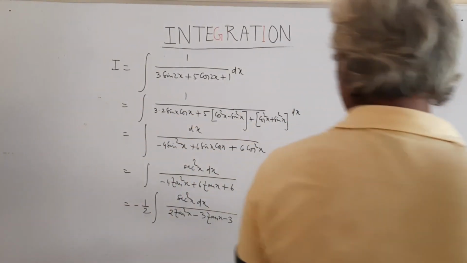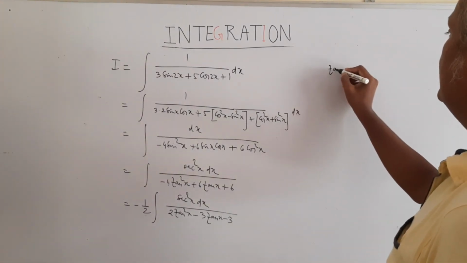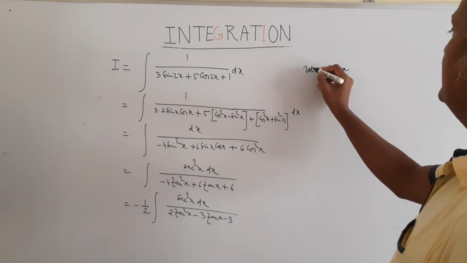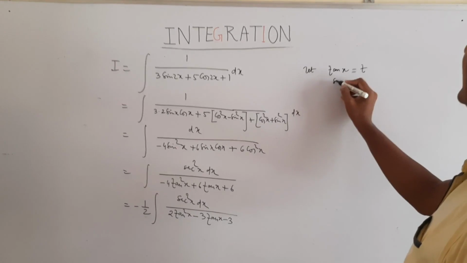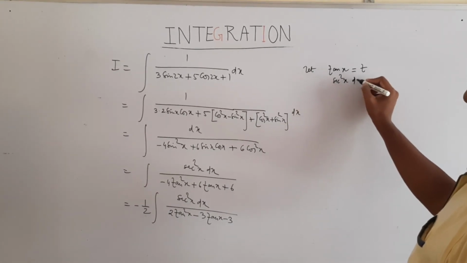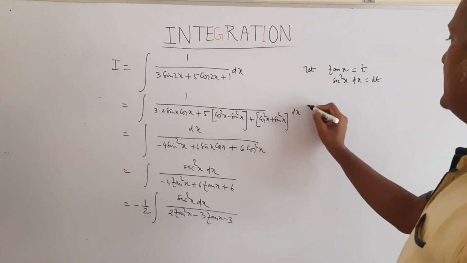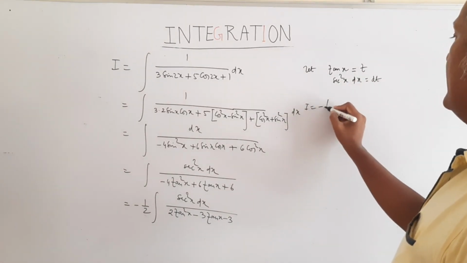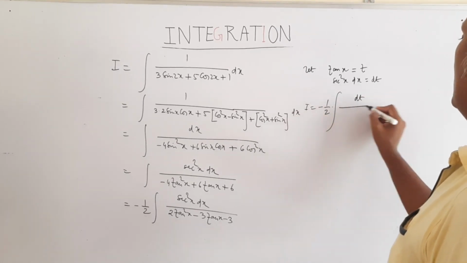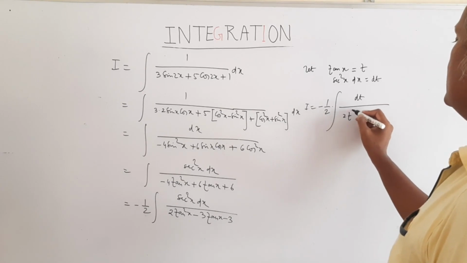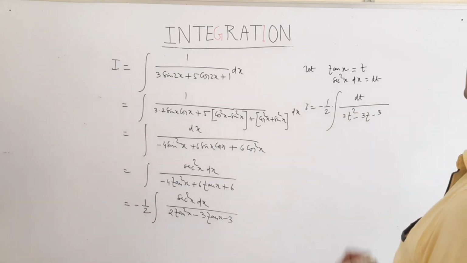So here I write let tan x be t. Then I get sec square x dx as dt. So this integral becomes minus 1 by 2 integration of dt over 2t square minus 3t minus 3.